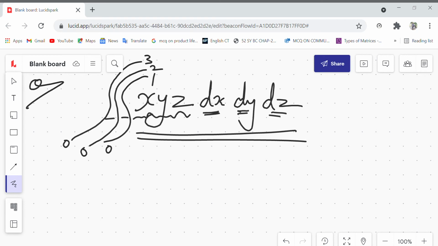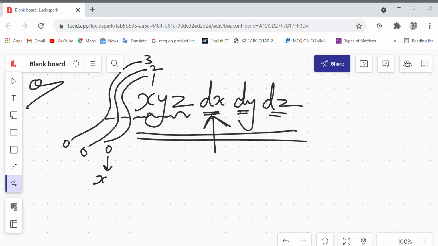I told you that for double integration, which one is the first? Take that. Theta and all that is for different cases. But for general cases, which one is the first? Take that. So first here it is dx.